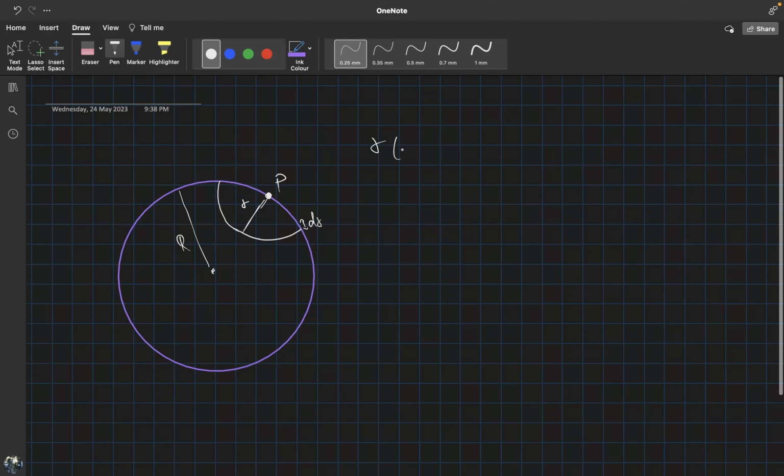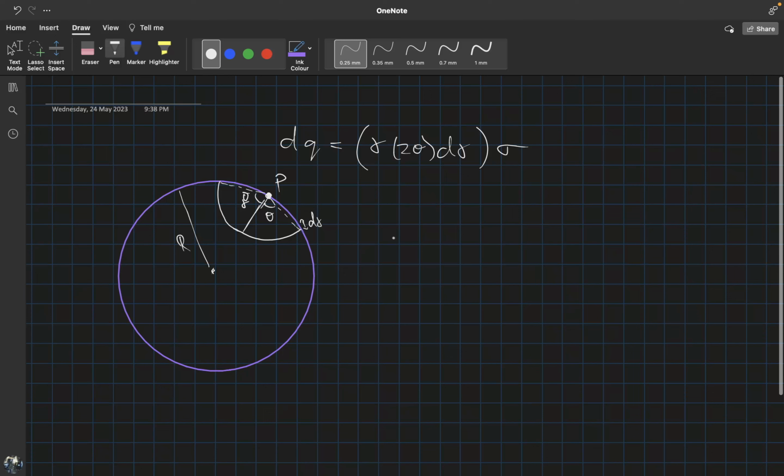So r d theta dr. If this is theta, this area times sigma is the charge. Now, because all the points are at the same distance, we can write the potential in one go.